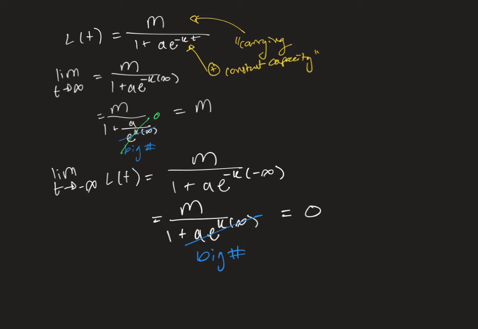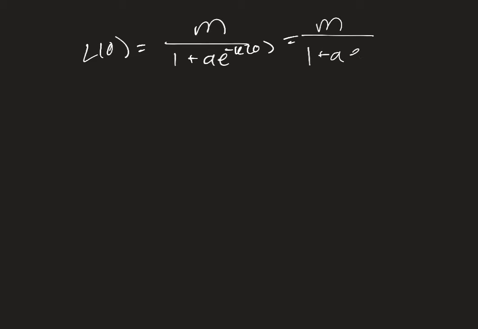Other things, we can also figure out our initial amount, right? If you plug 0 in for t, it'll depend on what a is. A is also a constant. L of 0 is going to be m over 1 plus a e to the negative k times 0. Well, e to the negative k times 0 is just e to the 0, and e to the 0 is 1.